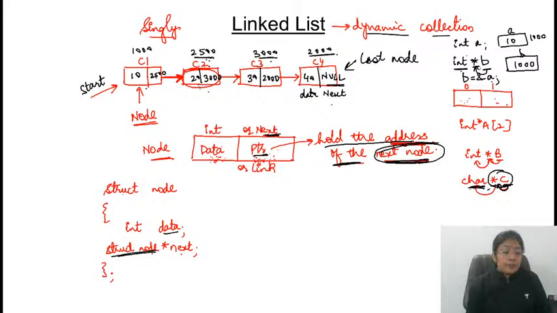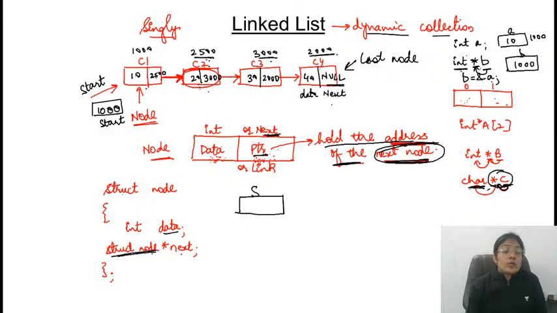Yes, clear? Is it clear till here? What if the linked list is empty? Start is a pointer variable that is holding the address of the first node. This is start.